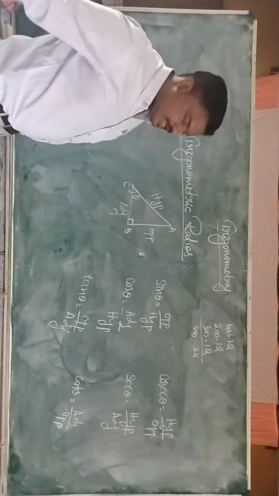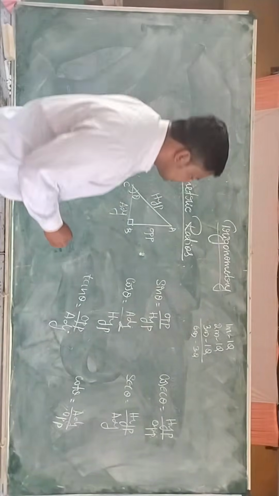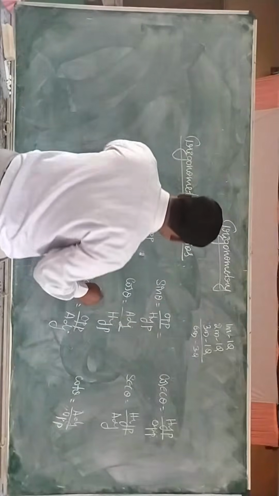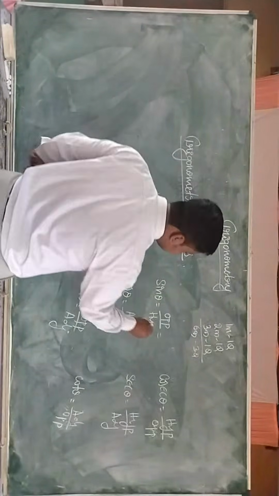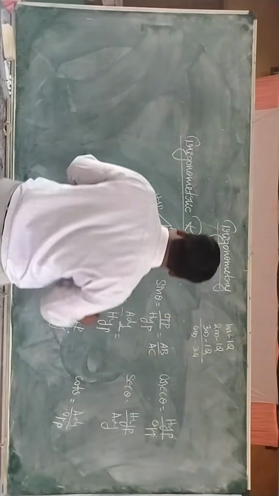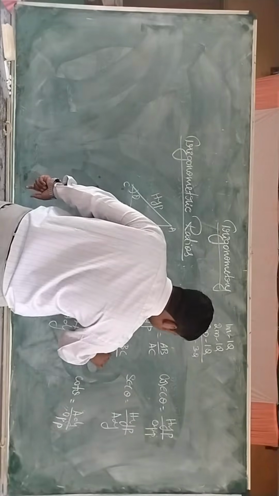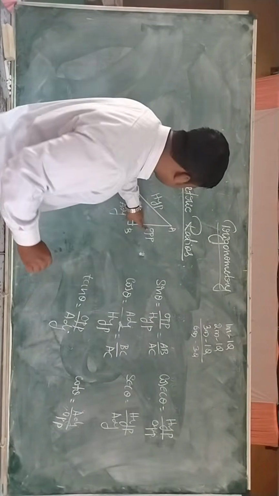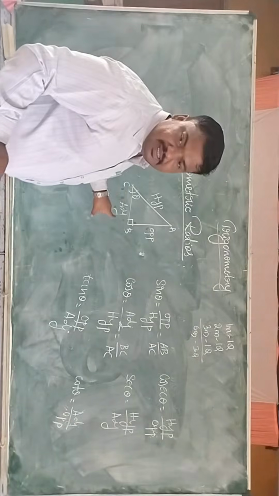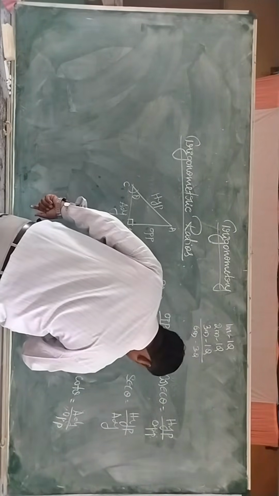So now sin theta is equal to AB upon AC. And cos theta is equal to BC upon AC. And tan theta is equal to opposite upon adjacent, AB upon BC.